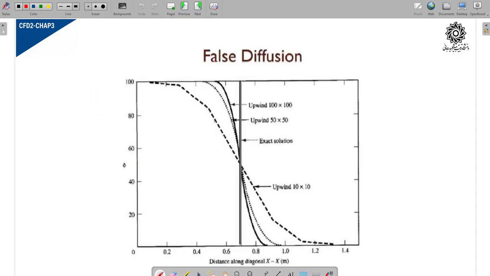With increasing the cell number or node number, the accuracy is increased because the false diffusion is decreasing.